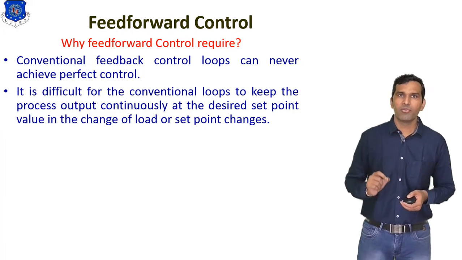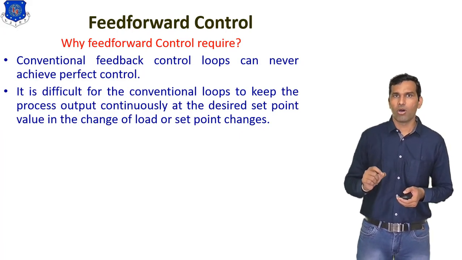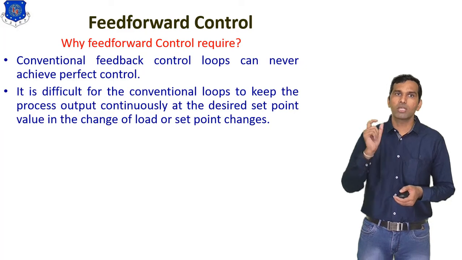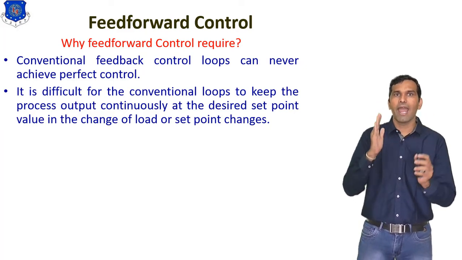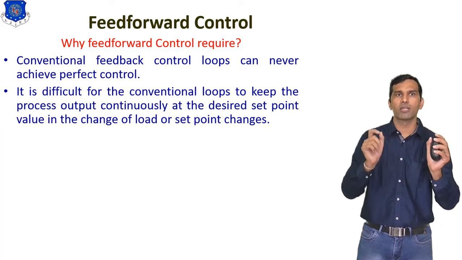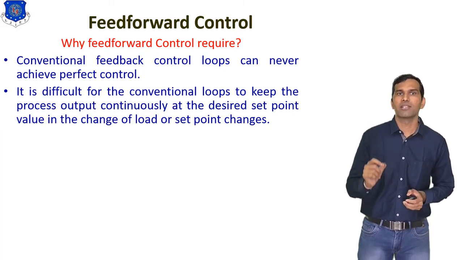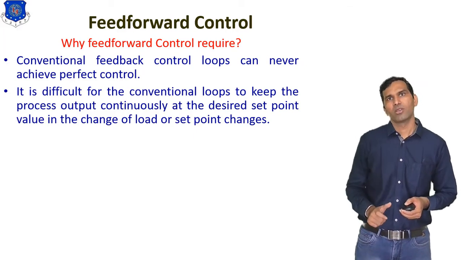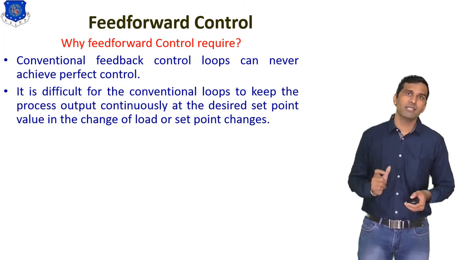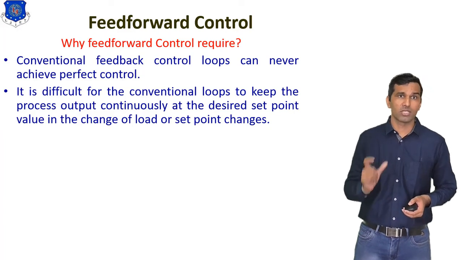It is difficult for the conventional loop to keep the process output continuously at the desired set point value when the load or the set point changes. So this is the limitation of the feedback control system.